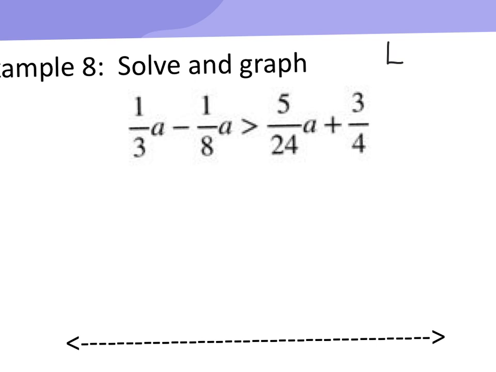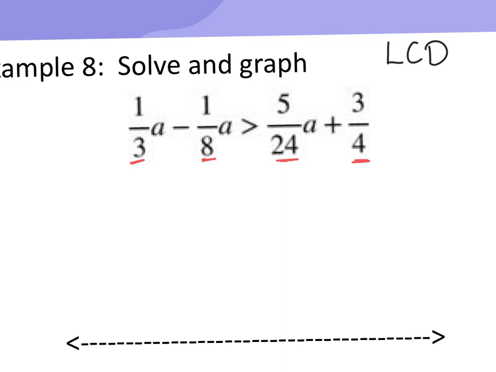Least common denominator, LCD. Okay, so when we're finding the least common denominator, we've got to look at the denominators that we have, and we've got to find a number that they all go into. Not a number that goes into them, but a number they all go into. What would 3, 8, 24, and 4 all go into? 24, good.